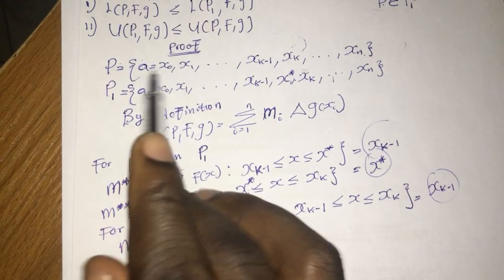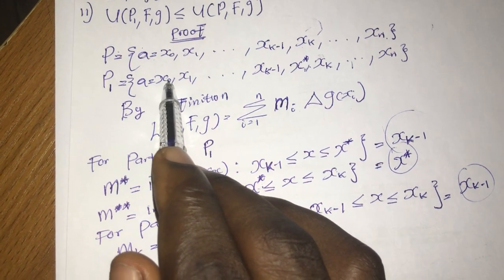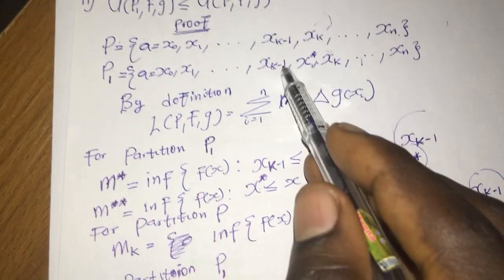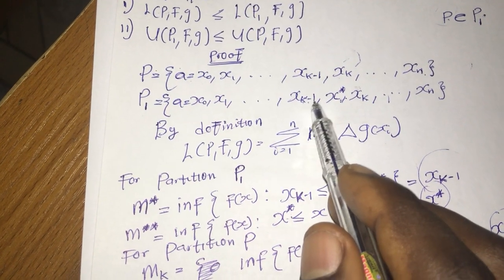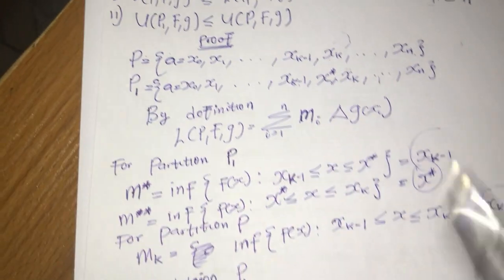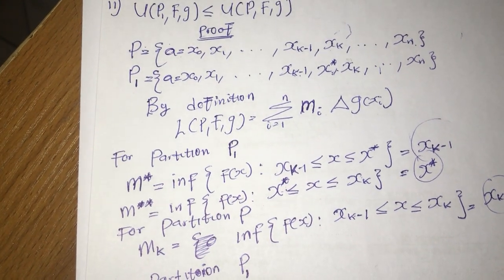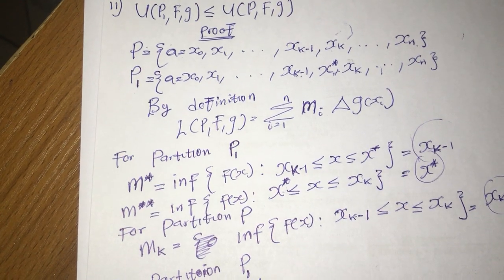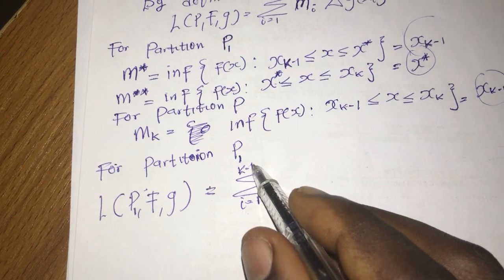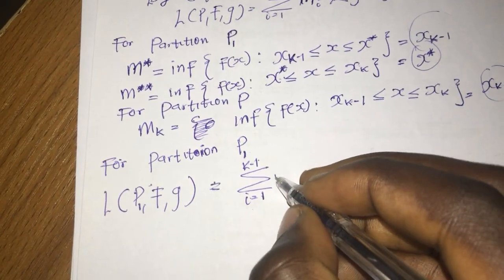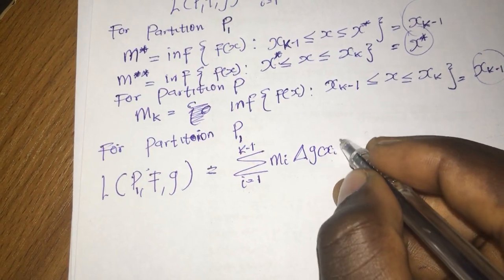Follow me please. When we start from x0, x1 until we get to this point, we start introducing the intervention at this stage. So there's an intervention there where i is equal to 1 to k minus 1, because this is where the intervention starts. So we are going to have m_i delta g of x_i.